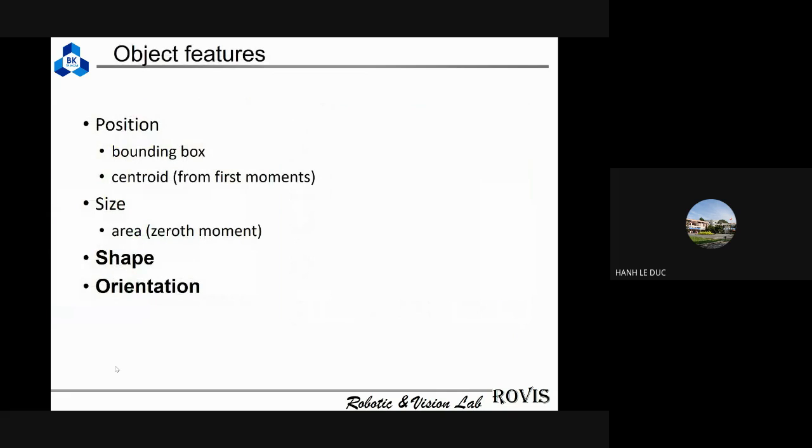Okay, so now in the image, we have already calculated how many blobs there are. Every blob inside here, for example a blob like this, will have features: where it is, the position, the size, the shape, and the orientation.